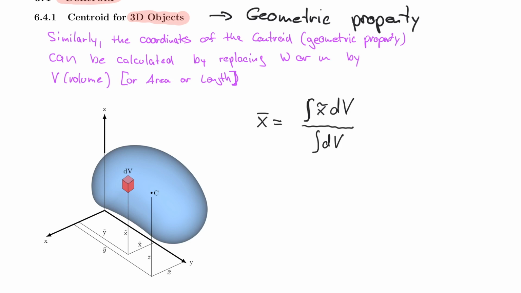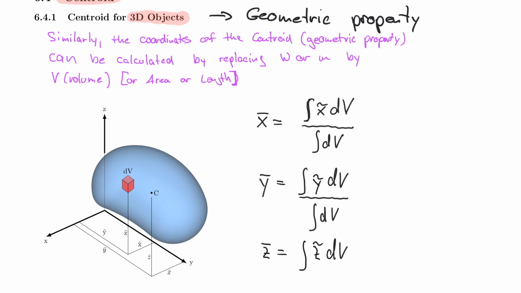Similarly, for y bar, I can take the summation of y tilde dV divided by total volume. And last but not least, z bar is equal to the integral of z tilde dV divided by the integral of dV.